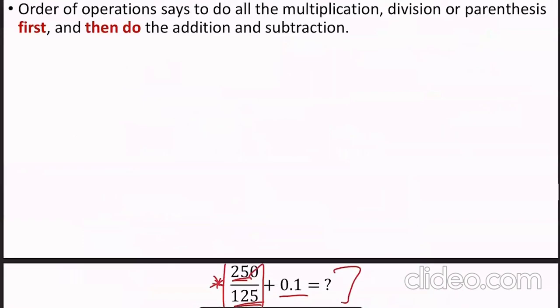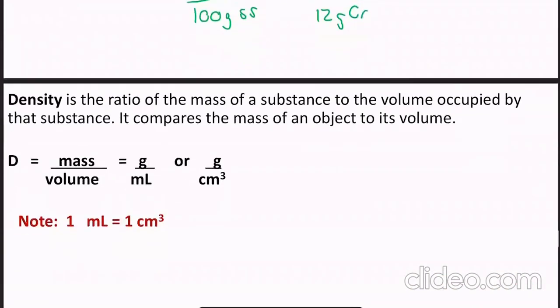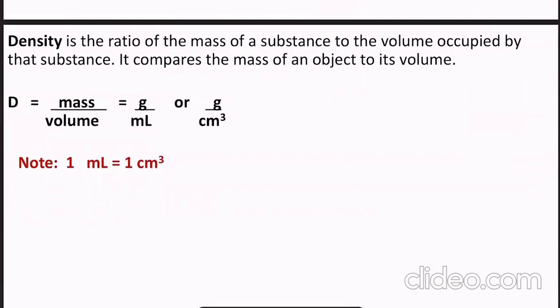All right, so now we're going to move on to our topic of density. So density is this ratio. Density is a ratio of mass, the mass of some substance, over the volume that that substance occupies.